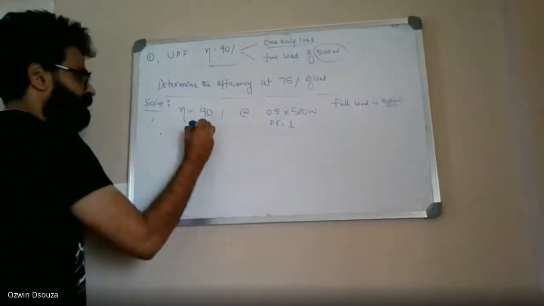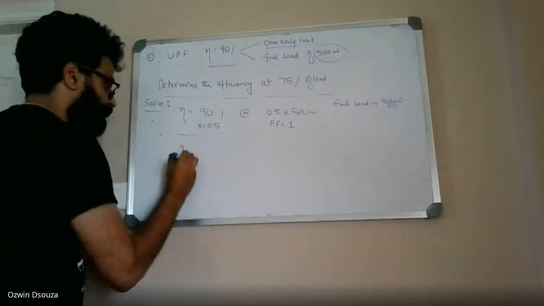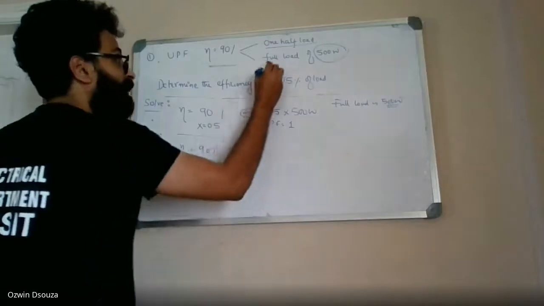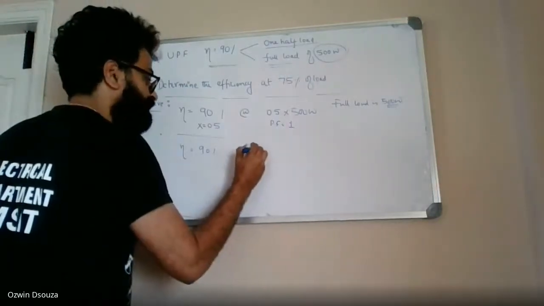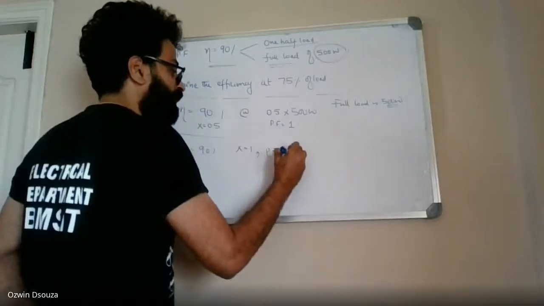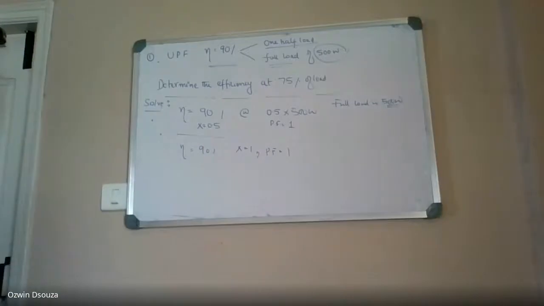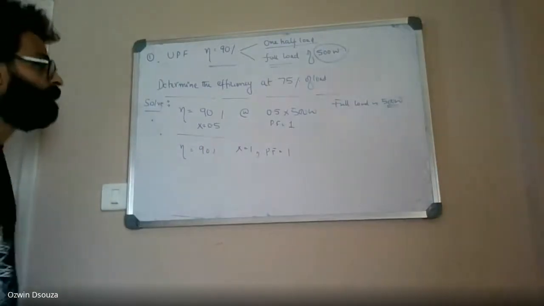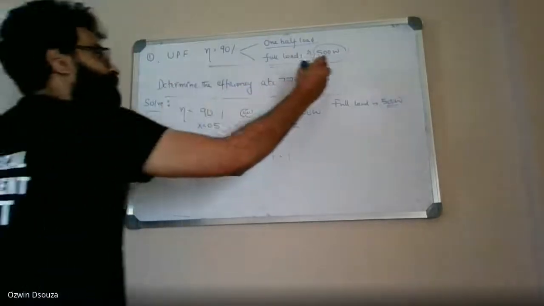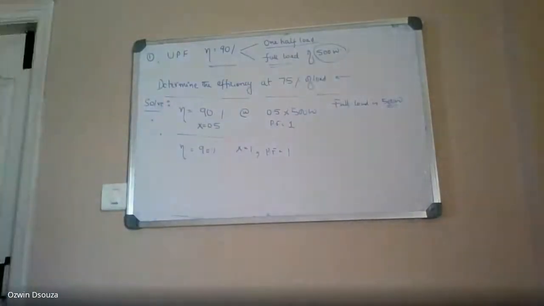So basically X is 0.5. Also, the efficiency is 90% at full load. So X is equal to 1 and power factor is unity. Okay. And you need to determine the efficiency at 75% load.